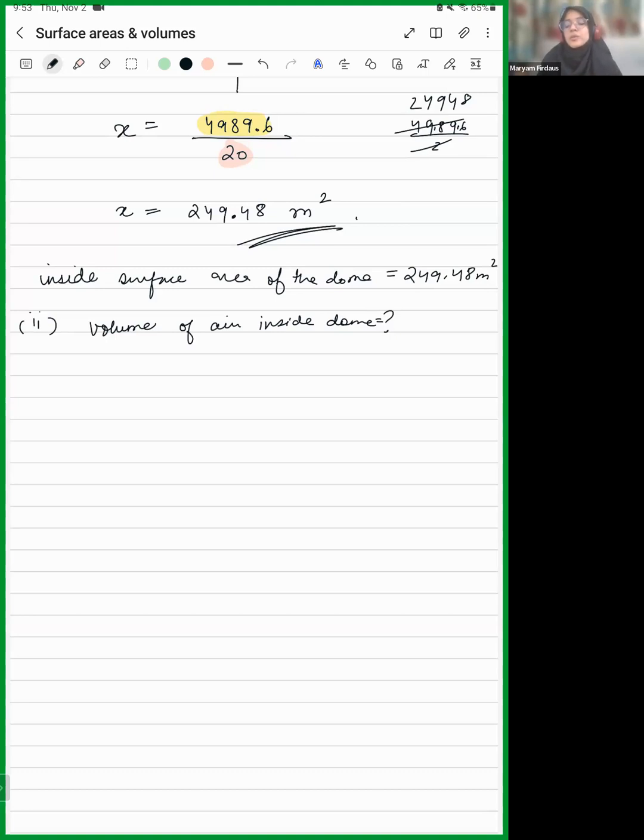Please go through your notes, see how we did the previous question, the seventh question.